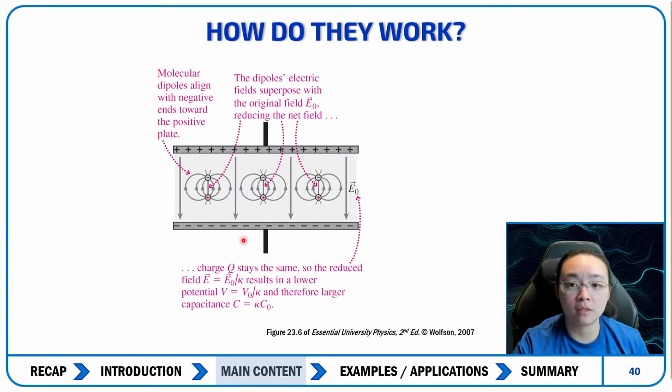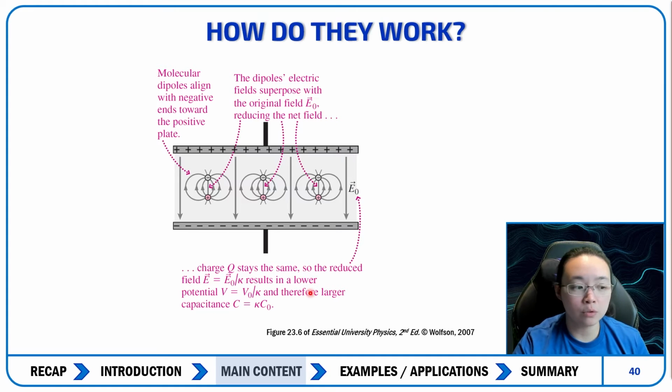And in the presence of an electric field, these molecular dipoles will align with the negative ends towards the positive plate. So now that we have that, some of those electric fields generated by those dipoles are going to oppose the original electric field from the parallel plate capacitors and cancel some of it out.